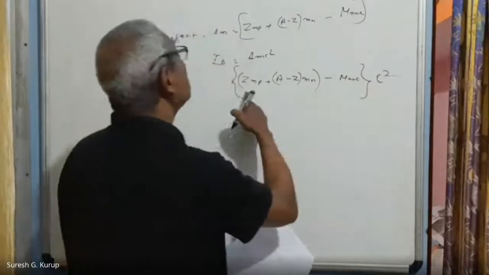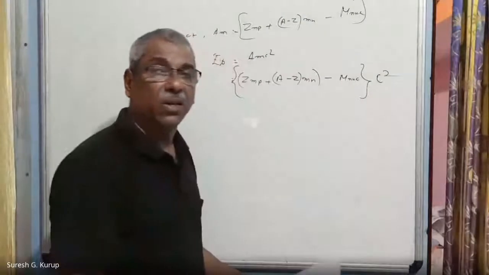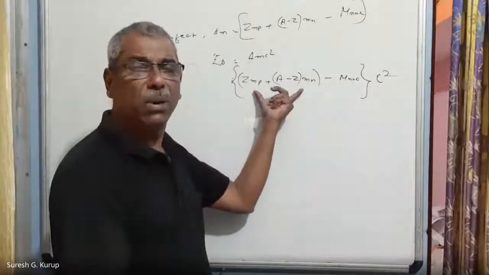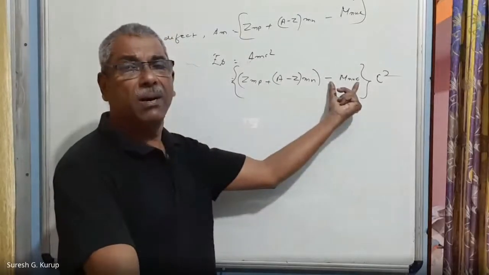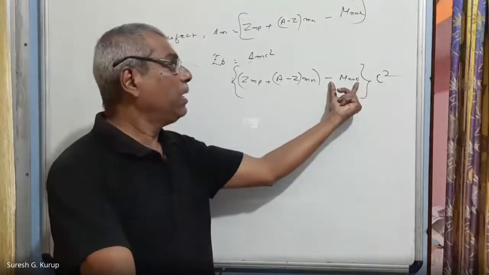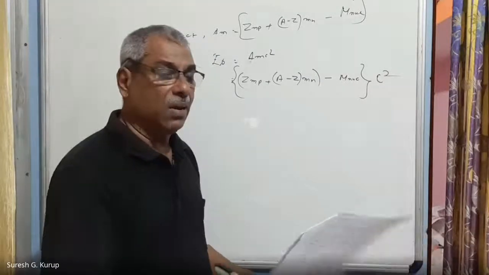Right? This much is delta M into C square. The total separate mass of the nucleons minus the mass of the nuclear assembly is equal to delta M into C square. This is what you call binding energy.